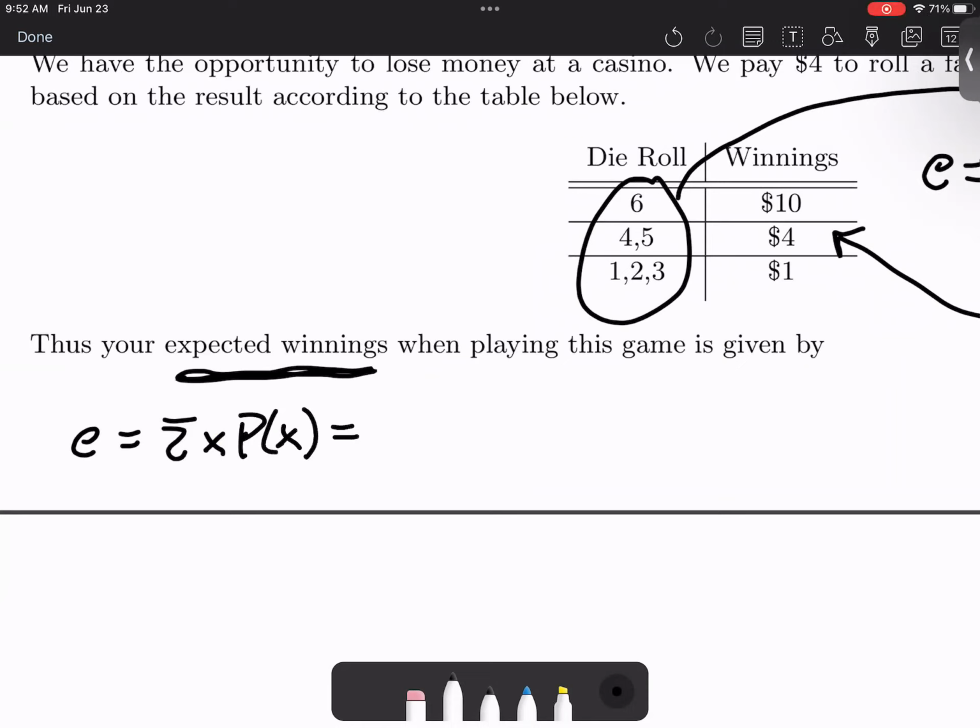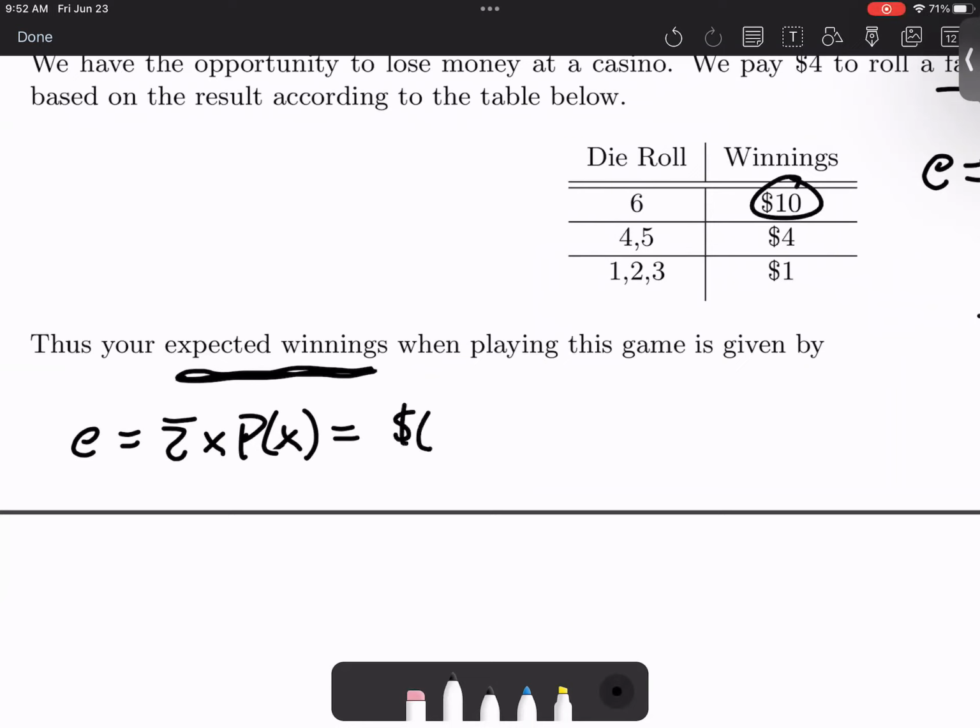So the first amount that we could win, let me clear off the table. The first X value is $10. Right? We could win $10. And then what's the probability of that happening? It's only 1/6. Right? So that's my first X times P of X. Now I will add the next event and its probability.